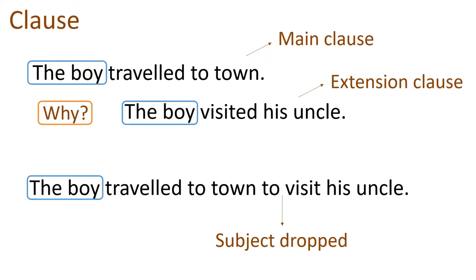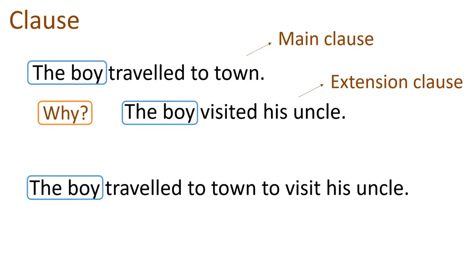We drop the subject in the extension clause. This is because the subject is the same subject, in this case the boy, as in the main clause. Also, the verb in the extension clause, in this case visit, must be put in the infinitive form. We remember that the infinitive form for most verbs is the same as the simple present.